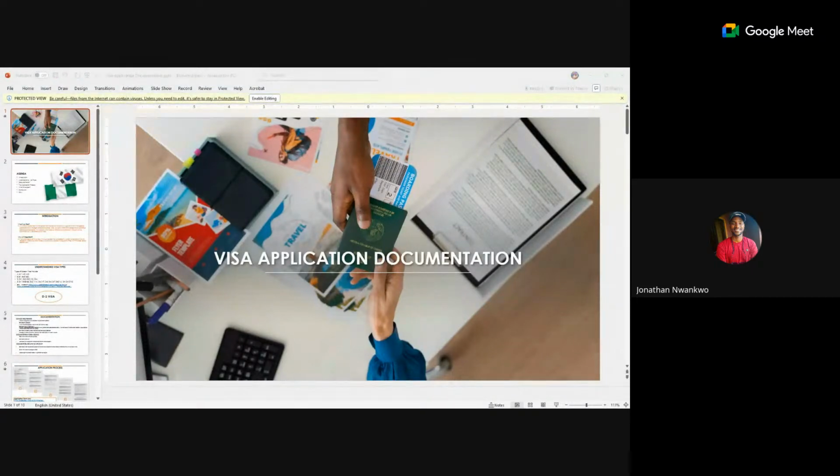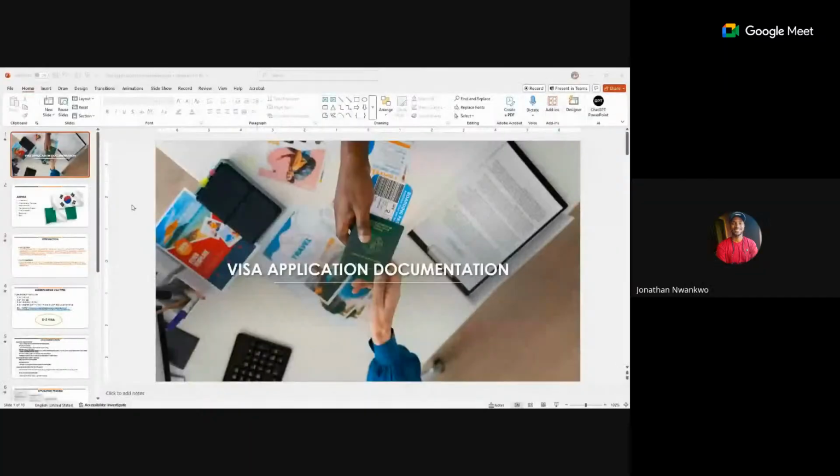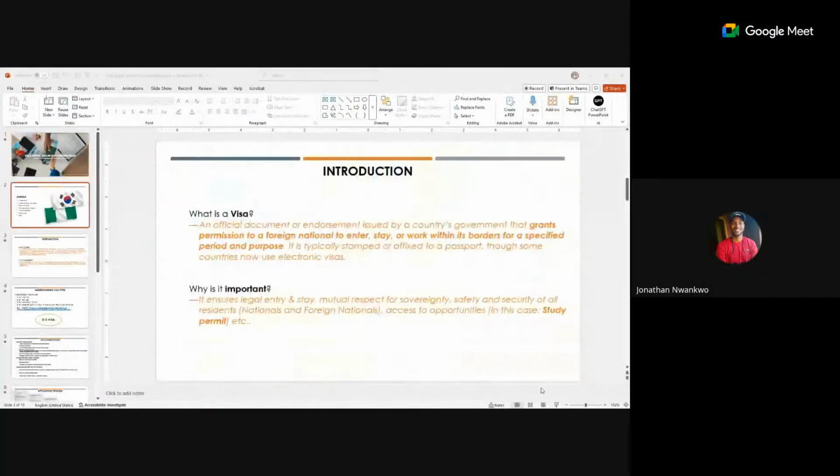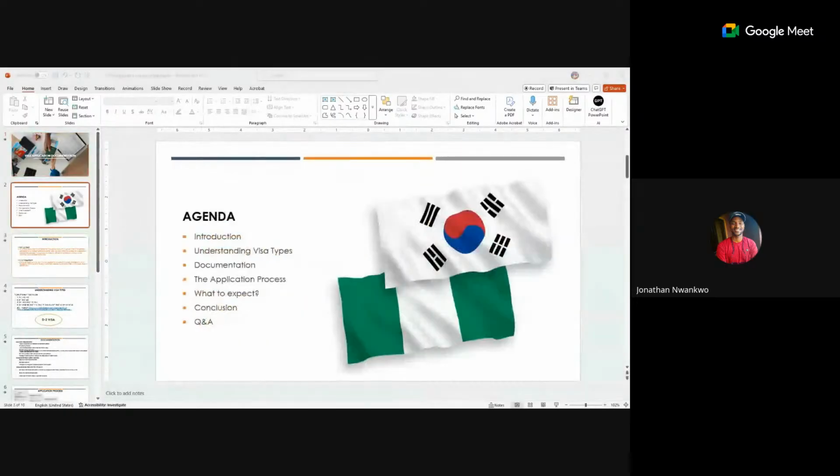I think you need to just enable editing, and then I think it will allow you to do every other thing you need to do. Okay. Yes. Okay.